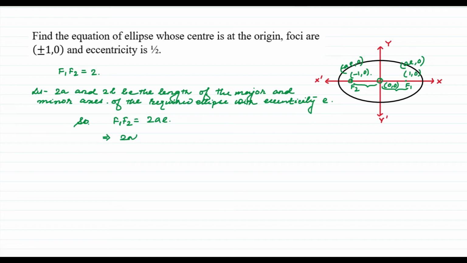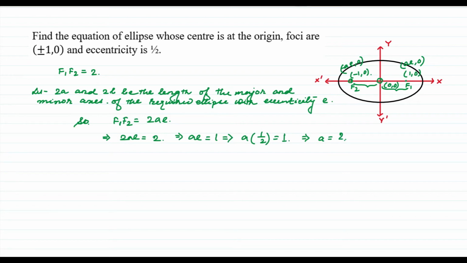If we equate them, we are getting ae equals 1, and we have the eccentricity half. So from here we are getting the value a equals 2.